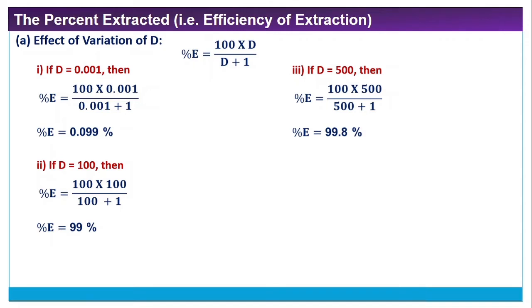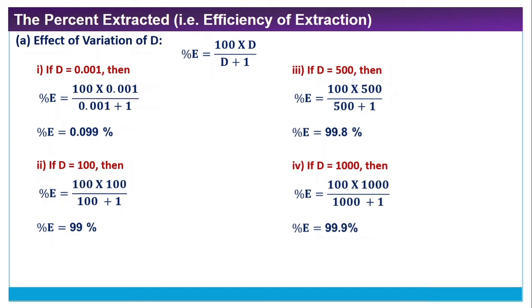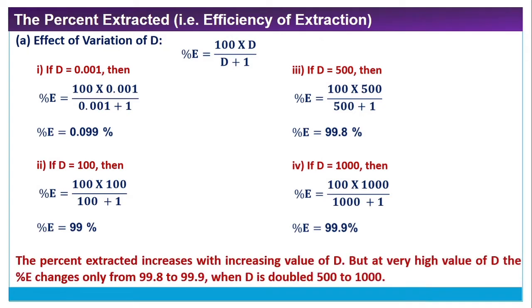So the efficiency of extraction has increased. Now if we double the value of D, that is D is equal to 1000, then the percentage of extraction becomes 99.9%. So as the value of D increases, the percent of extraction increases.